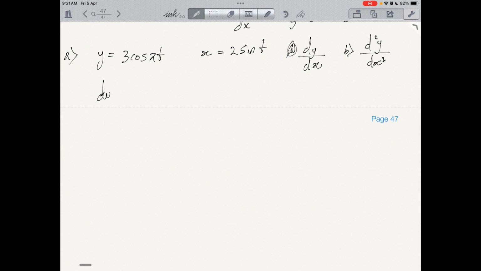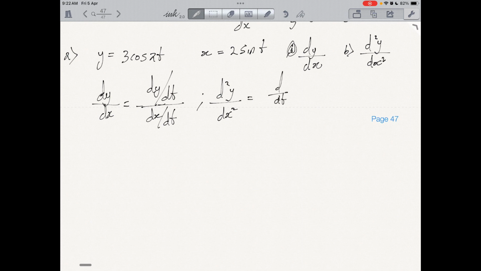We recall that dy/dx is, now this time we are using the parameter t, dy/dt divided by dx/dt. And d²y/dx² will be d/dt of dy/dx divided by dx/dt.